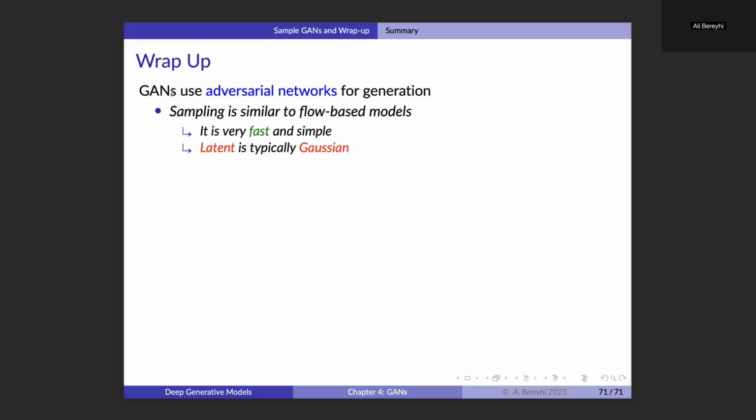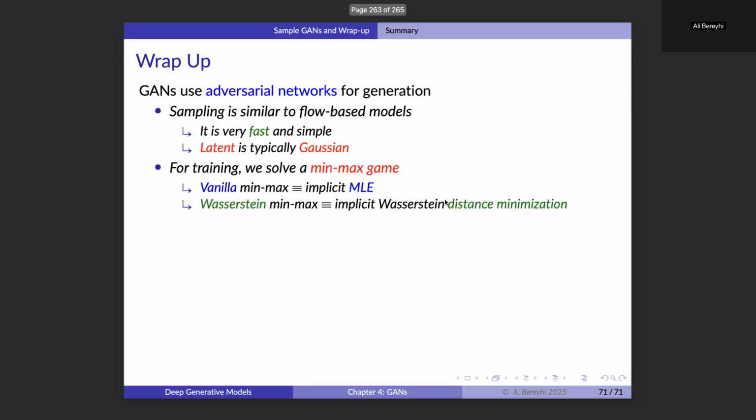This is the architecture that we have. Cool thing about them is that sampling from them is as easy as flow-based models, right? You essentially just need to sample your Gaussian latent, and then pass it through your network. The point here, though, is that you don't have direct access to the likelihood term, so you cannot compute that. And because of this, we cannot do the direct or explicit maximum likelihood. We need to do it implicitly.